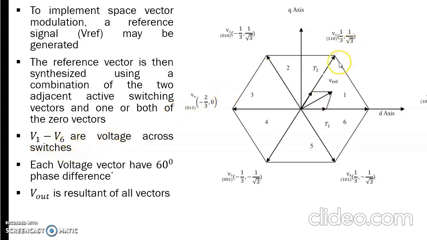And these switching vectors: this is the first vector V1, this is V2, V3, V4, V5, V6.